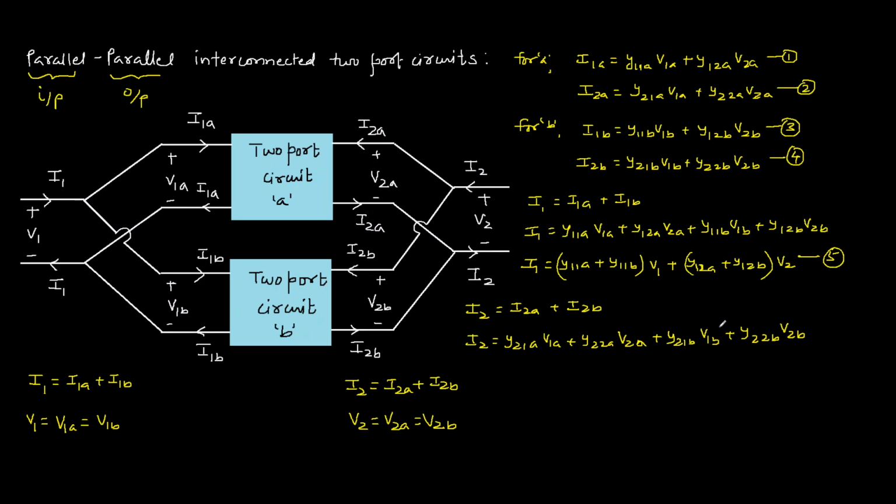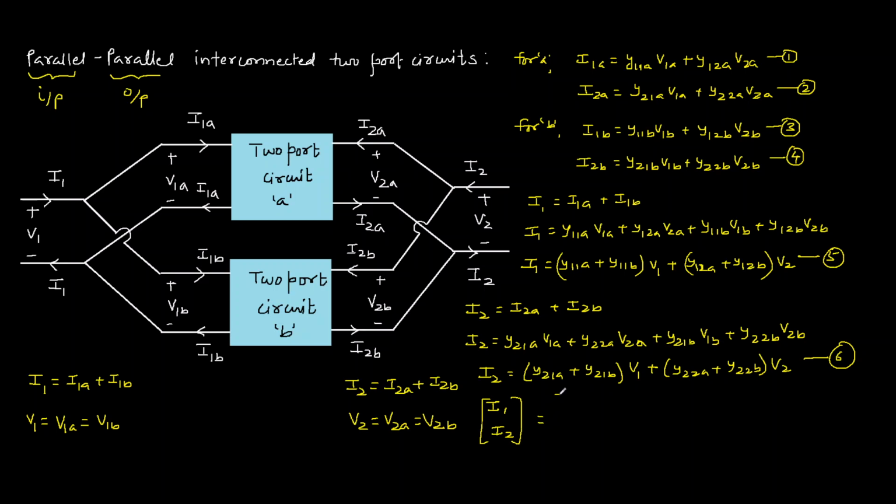V1A and V1B are equal to V1. So we can write I2 as Y21A plus Y21B times V1, plus, since V2A and V2B are V2, Y22A plus Y22B into V2. This is equation 6.